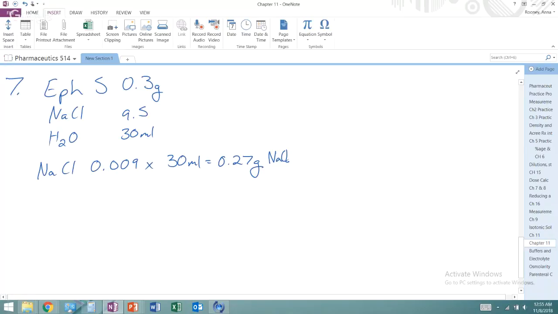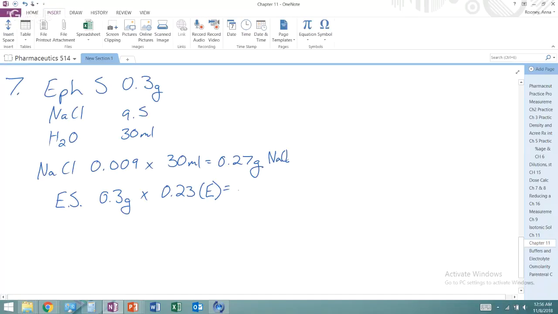So we need to find the sodium equivalence so that we can figure out how much sodium we need to add. So we have our ephedrine sulfate, and the equivalence in the table in the book is 0.23 E, so you know it's sodium equivalence.